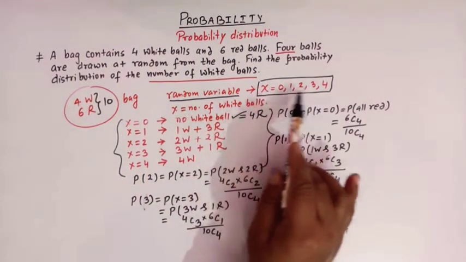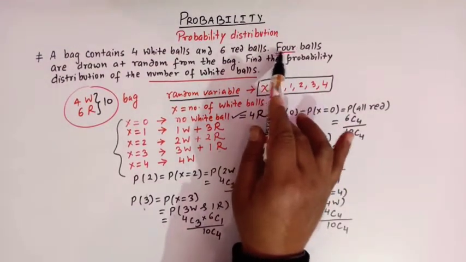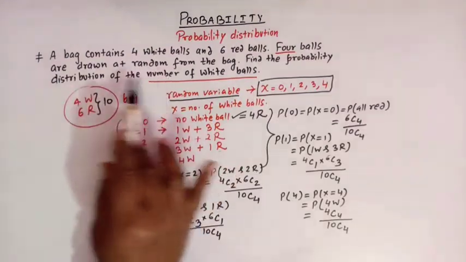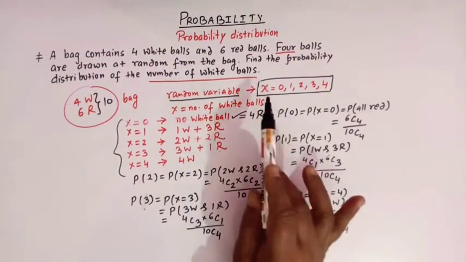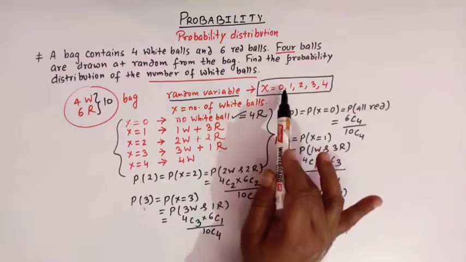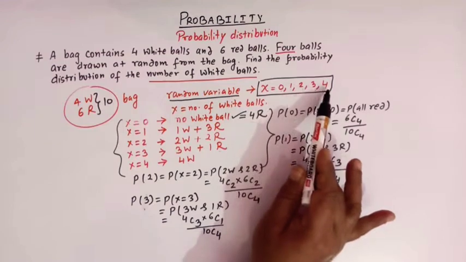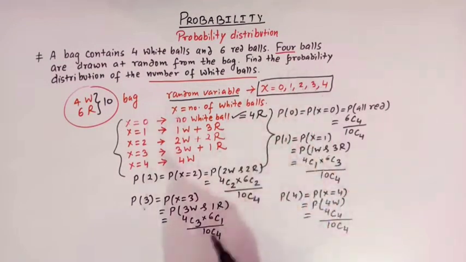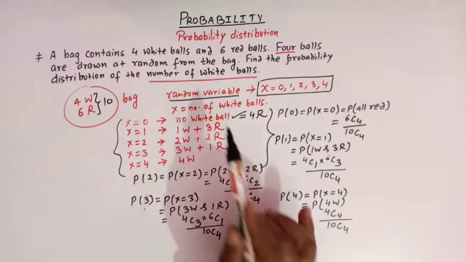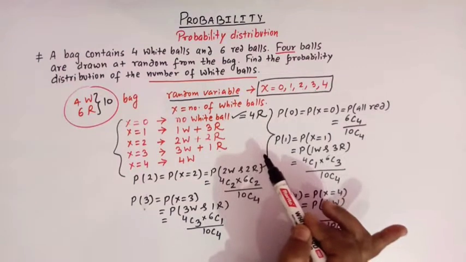So viewers, what we have done here, we have introduced the random variable. We have assigned the values 0, 1, 2, 3, 4 because a maximum of 4 balls are to be drawn from the bag, right? And we have obtained the probability corresponding to 0, 1, 2, 3 and 4, where 0, 1, 2, 3, 4 denotes the total number of white balls which are drawn, right?